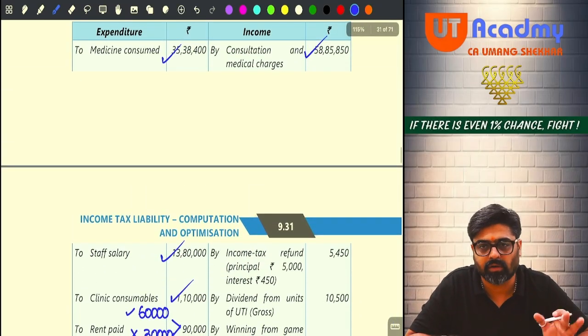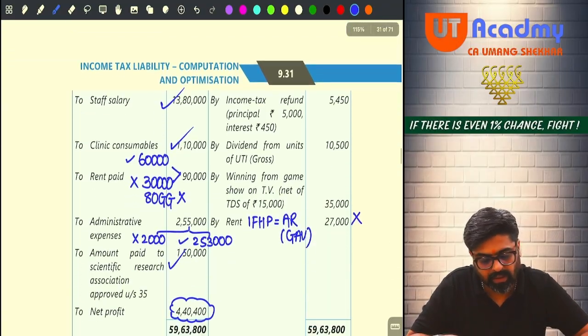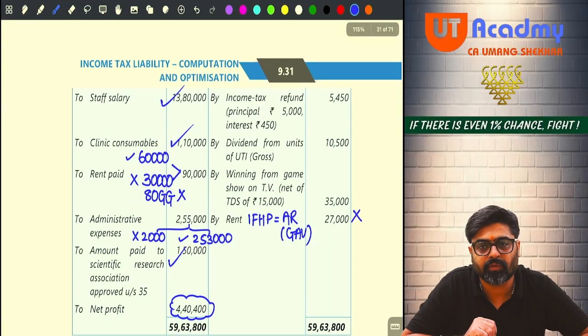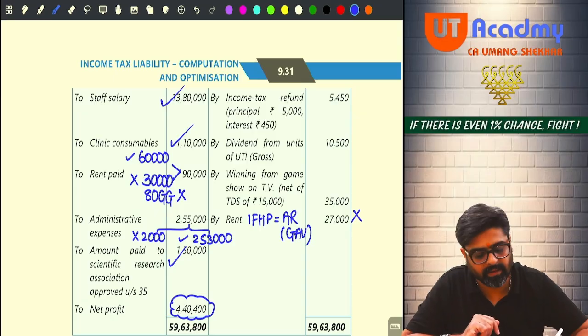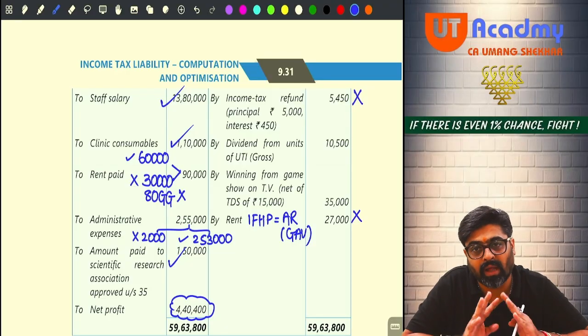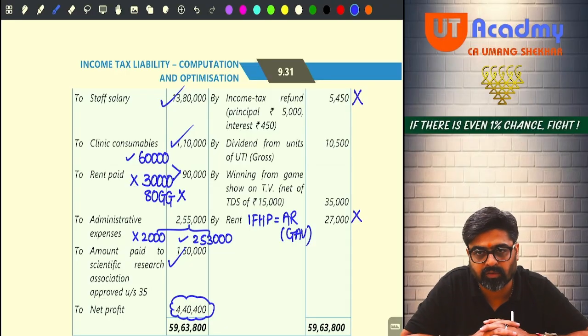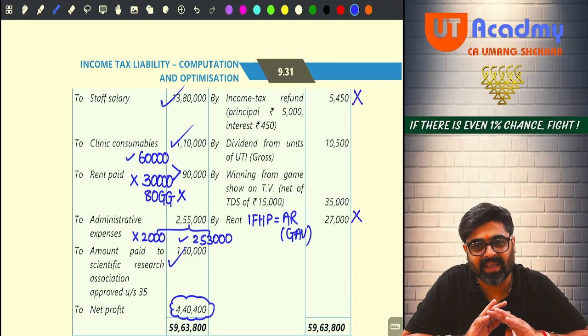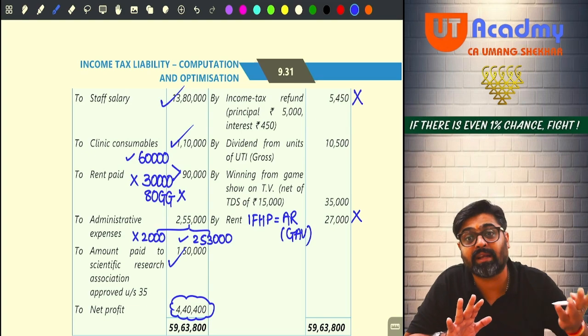Consultation, medical charges already done. PGBP income. Now tell me, income tax refund 5450. Is it my PGBP income? No. So I will have to reduce 5450 from my profit. Now where will I bring this 5450? I will bring this 5450 in IFOS. But under the head IFOS, I cannot charge the entire 5450 because out of that 5450, 5000 is the income tax refund.